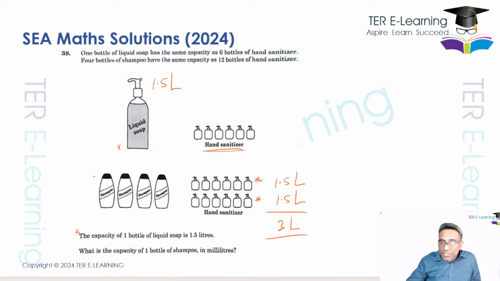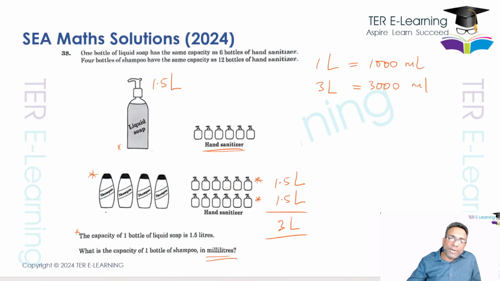So therefore, those 4 bottles of shampoo has a capacity of 3 liters. Now they want your answer in milliliters. So 1 liter is 1,000 milliliters. So if I have 3 liters, that's going to be 3,000 milliliters.